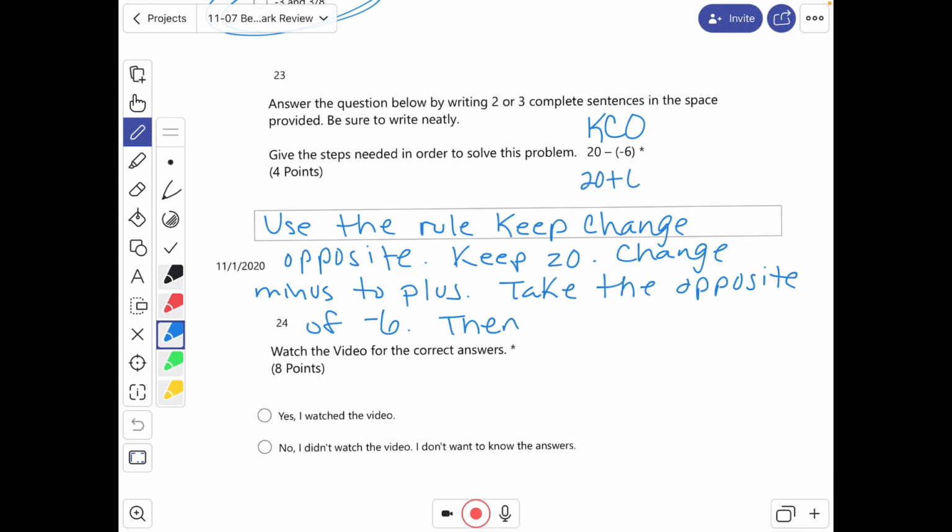So if I'm really working it out, it's 20 plus +6. So then solve for 20 plus 6. And that's it. You don't even have to tell me an answer.